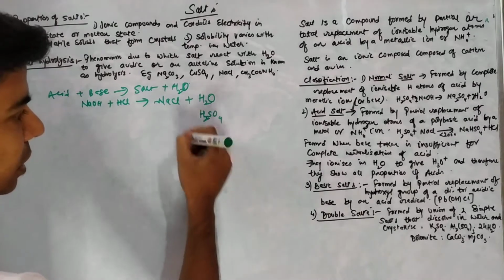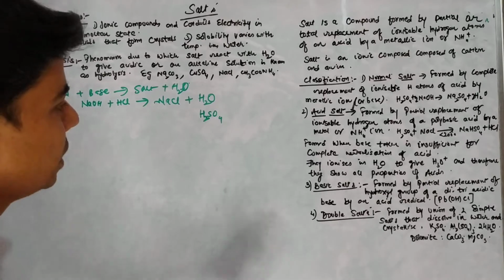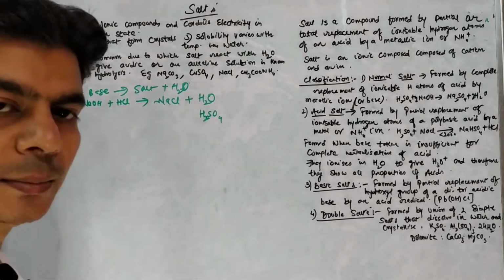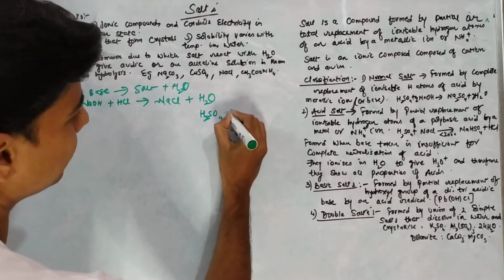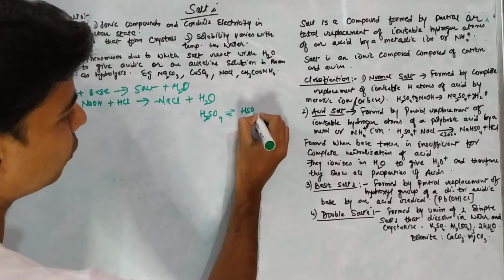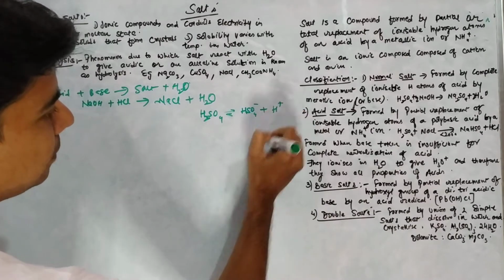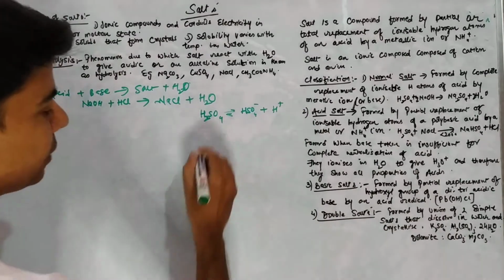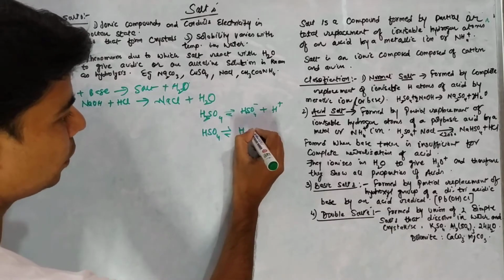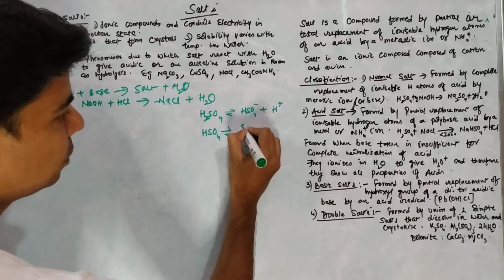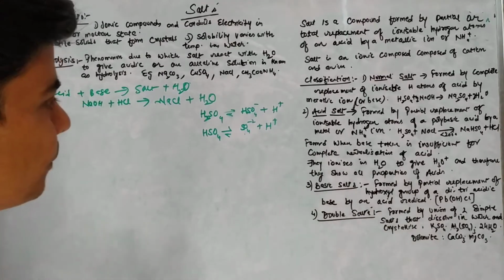And when sulfuric acid is dissolved in water, how will it ionize? Sulfuric acid is a dibasic acid, it ionizes in two steps. In the first step it will form HSO4 minus plus a hydrogen ion, right? This is the first step of ionization. In the second step, this bisulfate will also ionize to give you SO4 2 minus plus hydrogen ions, right?